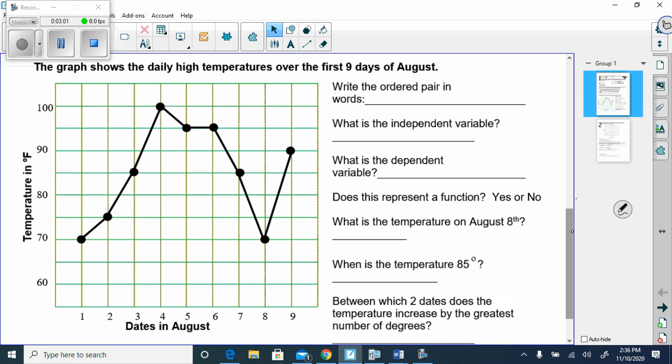So is the dates in August my X or my Y value? X. Which means the temperature is Y, right? So if I'm going to write that as an ordered pair, we normally write an ordered pair X, Y. So if I put my words in, it's going to be dates in August, and then temperature.